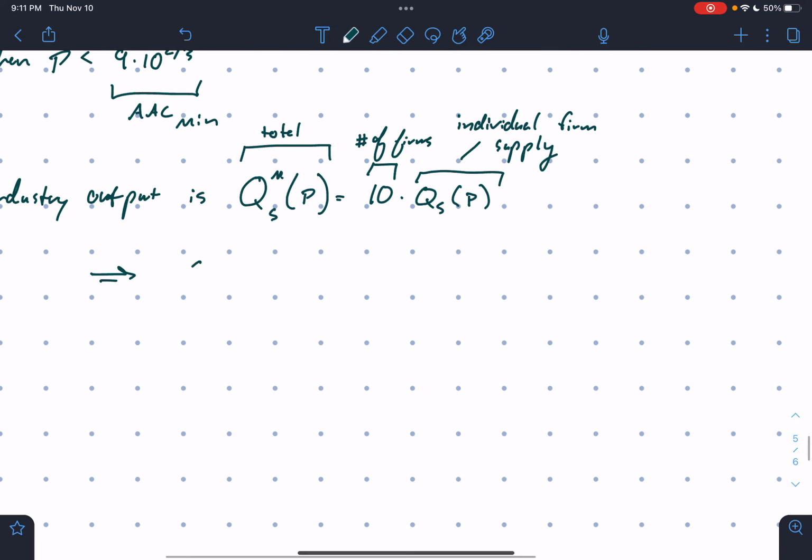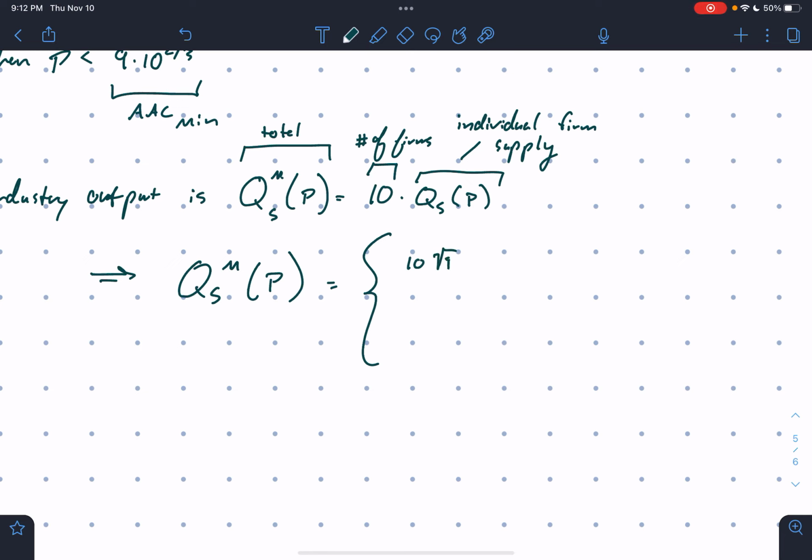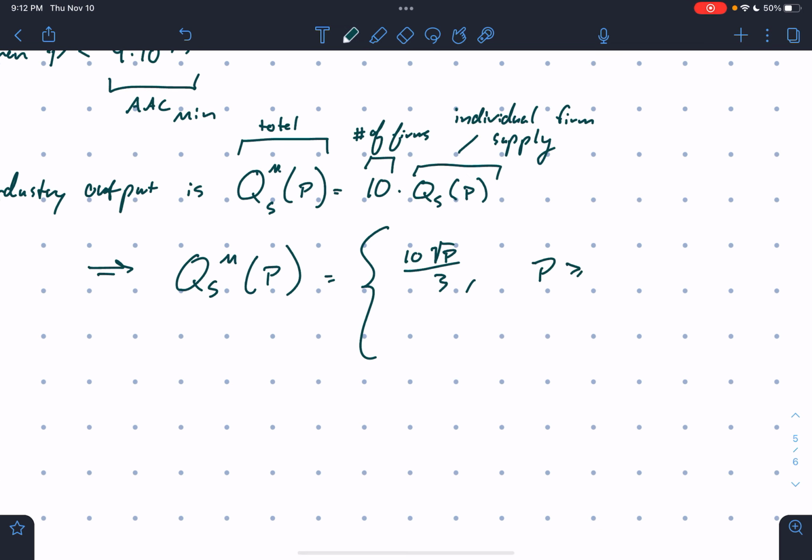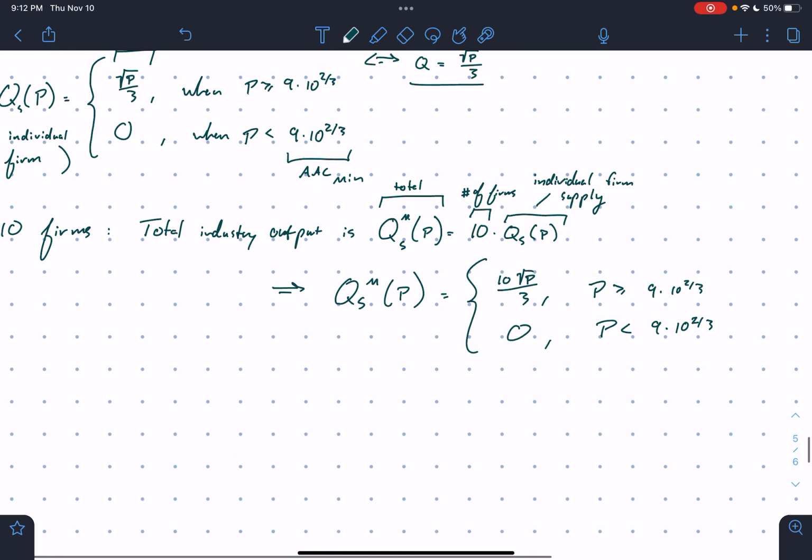So QSM of P is going to be 10 root P over 3 when P is greater than average avoidable cost, 9 times 10 to the 2/3, and 0 when P is less than the average avoidable cost. All right, this is your supply function.